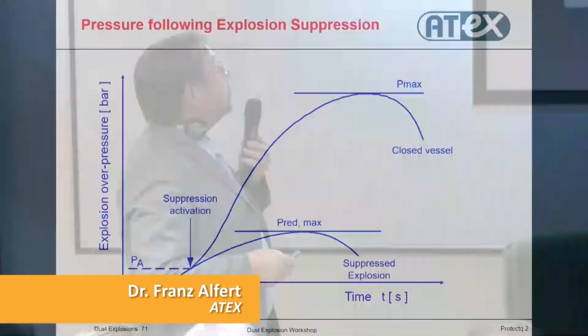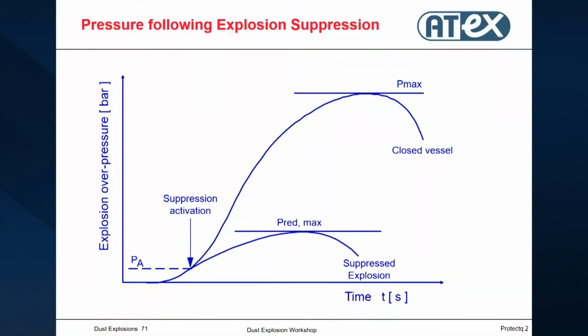So what we do with explosion suppression is that at a certain pressure, or pressure rise, we activate the suppression. Typically we use pressure detection, or detection of how fast the pressure goes up, and then depending on the volume we know this can only be an explosion, and then we trigger and initiate the suppression.